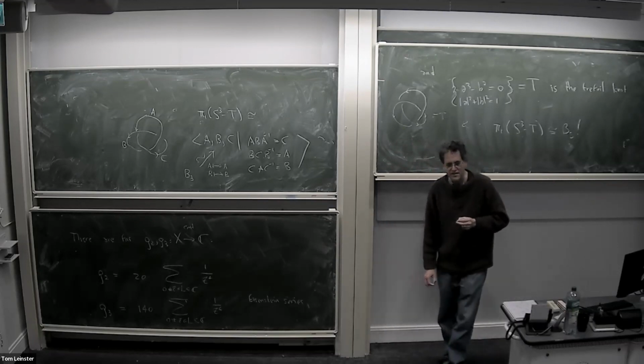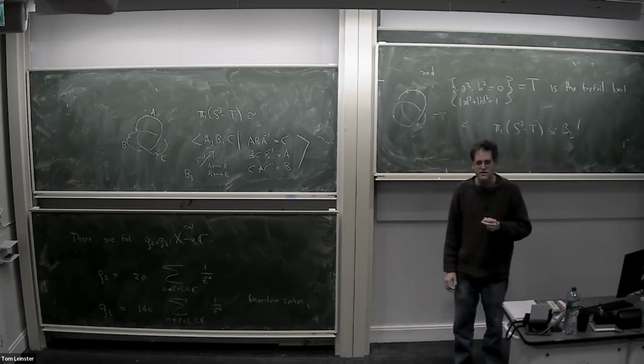So another thing that's useful to know is that PSL2Z is the free product of Z2 and Z3. SL2Z is the amalgamated product of Z4 and Z6. And B3 is the amalgamated product of two Z's over another Z where the maps are multiplication by 2 and multiplication by 3.